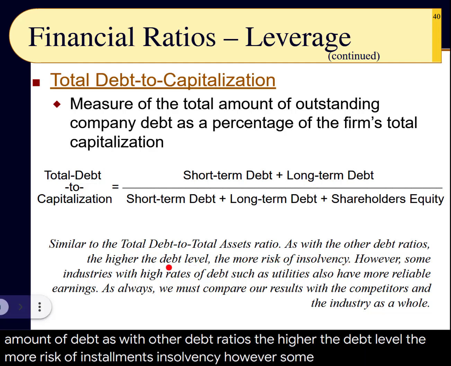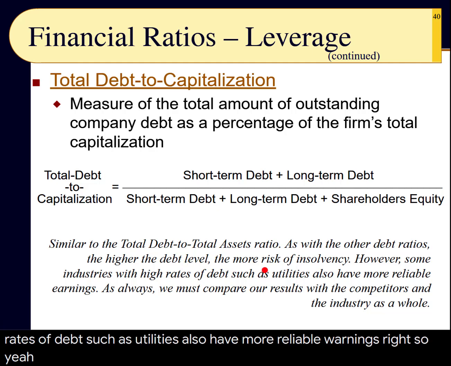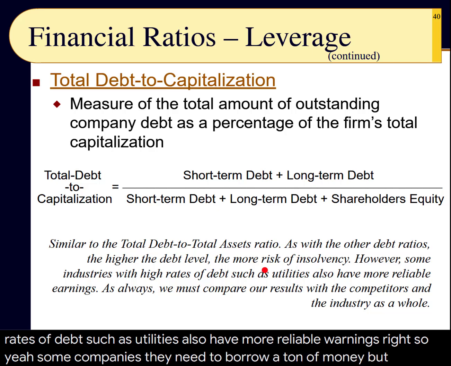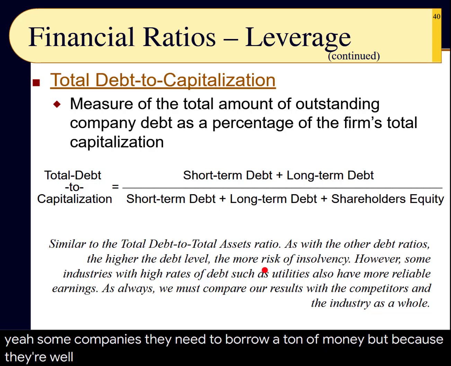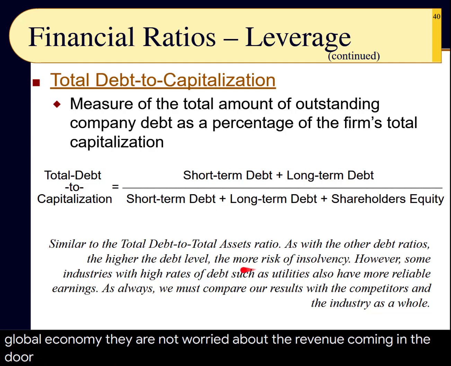However, some industries with high rates of debt, such as utilities, also have more reliable earnings, right? So some companies, they need to borrow a ton of money, but because they're well established in the local or national economy or global economy, they are not worried about the revenue coming in the door disappearing.